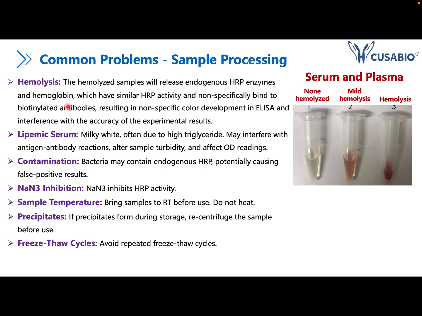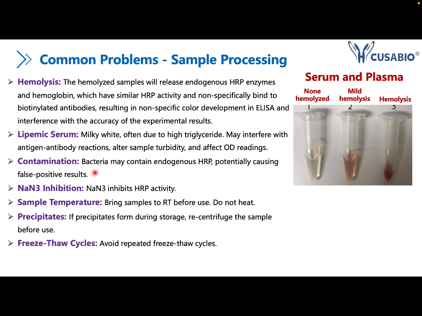So I will say that for your samples, please avoid hemolysis, because hemolyzed samples usually have endogenous HRP enzyme there, so it will have a similar HRP activity and non-specifically bind to the antibodies, resulting in non-specific reactions in the ELISA, interfering with the accuracy of the result. And also, despite the red color, if you see a milky white color, it's often due to high triglyceride. This one will also interfere with the antibody-antigen reaction, then affect the OD readings.